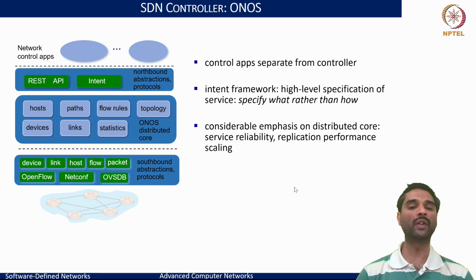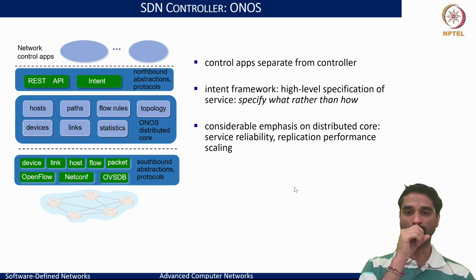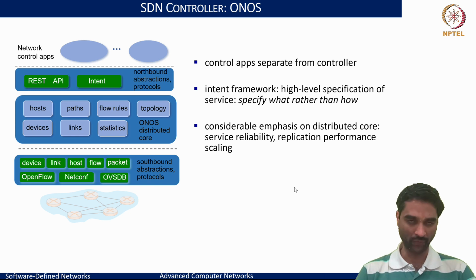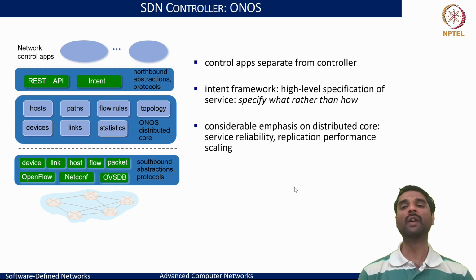ONOS, being a distributed core itself, provides the information about the hosts, the paths that are available, the flow rules that have been applied, the topology information, and the statistics for each of the devices, in terms of port statistics and flow statistics, all of these as services to the higher applications. The intent is a key aspect here because it's a very high level specification where you would just help the network operator communicate what he wants to do.